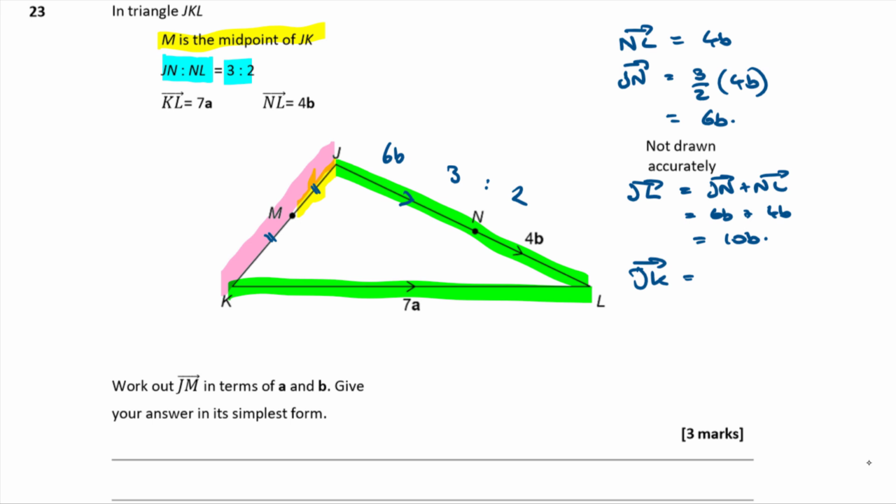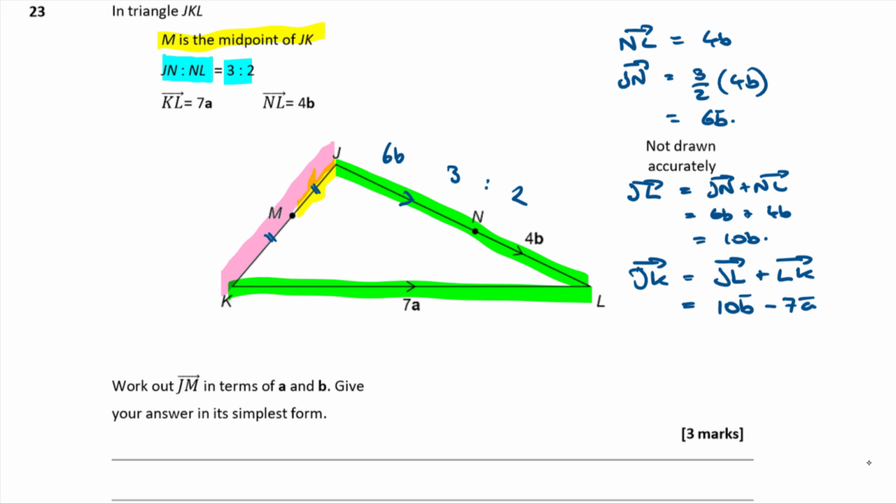I can get from J to K by going from J to L and then from L to K. I know that J to L is 10B because I just found it, and I know that L to K is minus 7A, because I'm going against that arrow, aren't I? So it's negative. Okay, so J to K is 10B minus 7A.